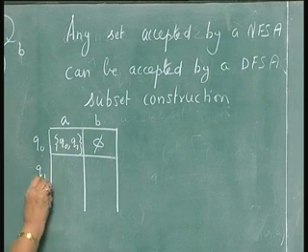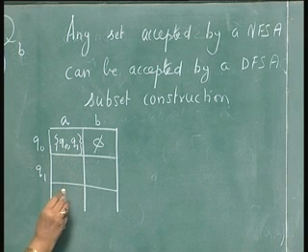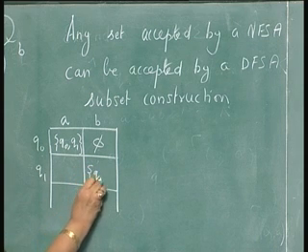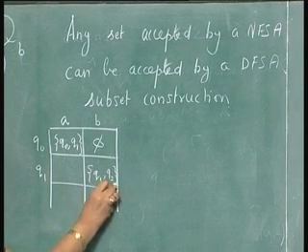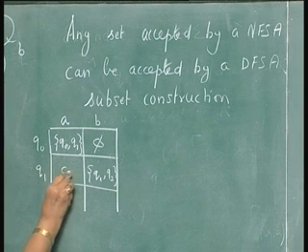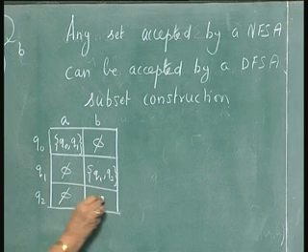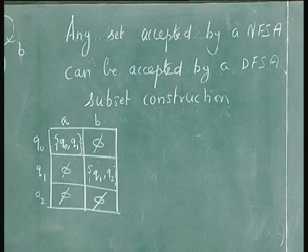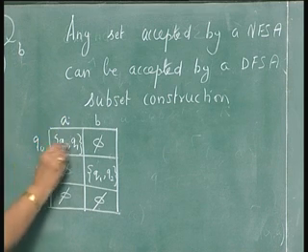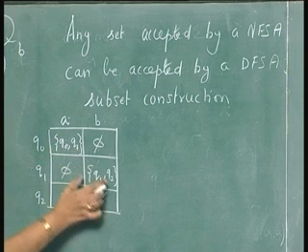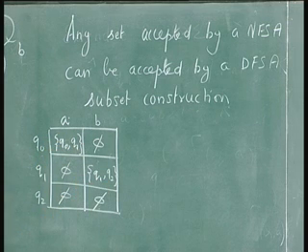Then from q1, if you read a b, you go to q1 or q2. You cannot read a from q2, you cannot read anything. So, the state table for a non-deterministic automaton will be like this. For this example, it is like this. You see that from q naught, if you read a you can go to q naught and q1, that is written as a set like this, because the mapping is from K cross Sigma into finite subsets of K.